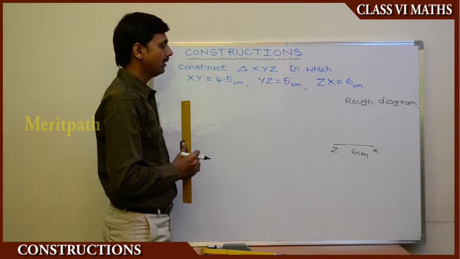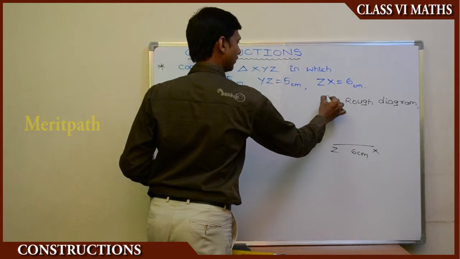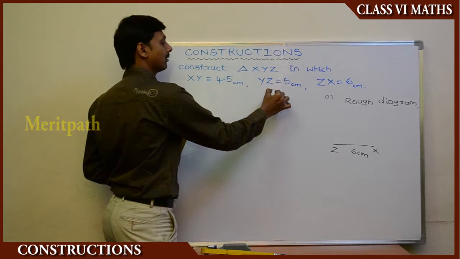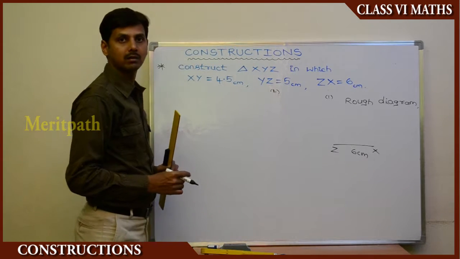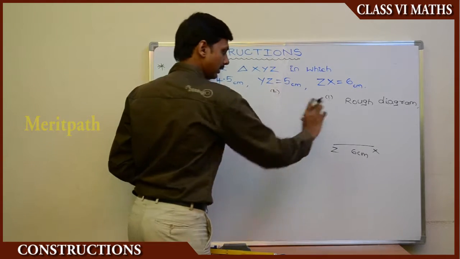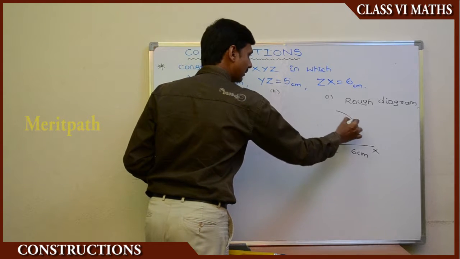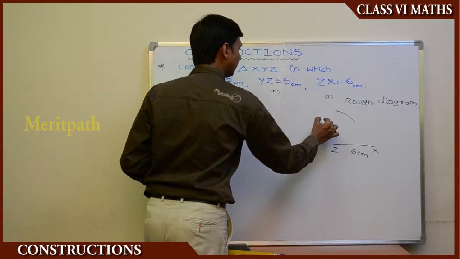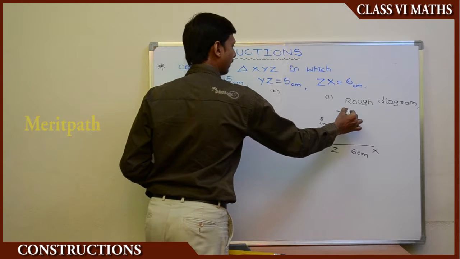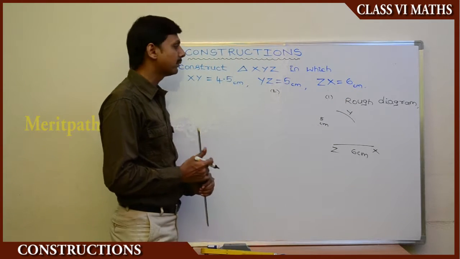Using Z, let's make a 5 centimeters radius and make an arc. How? Using a compass, with the vertex Z, we'll make an arc of 5 centimeters. So this is YZ. Y comes here. So YZ is 5 centimeters.